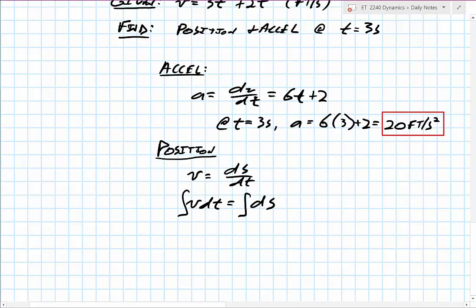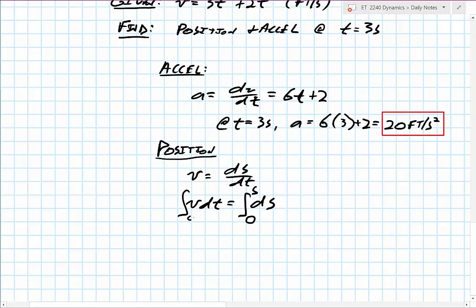Now note that I want to have limits of integration, because otherwise when I integrate I'll have a constant of integration. So if I think about what the limits would be for this ds, for this position, I'm starting at 0 because it doesn't tell me I'm starting anywhere else, and I want to know some final position s.